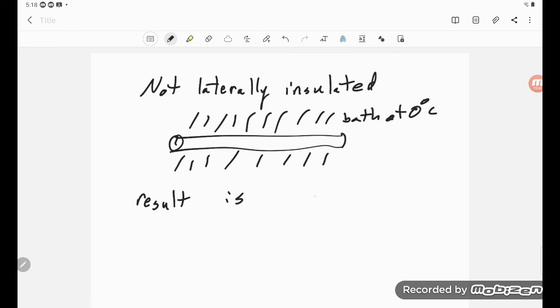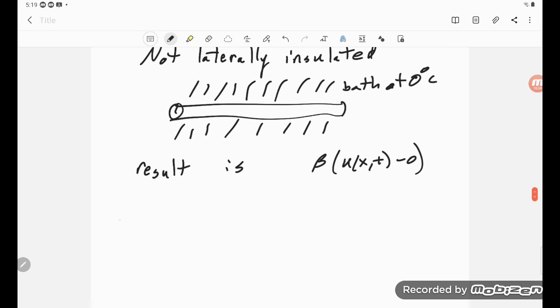So we would have something like beta, and then the difference would be U of x and t minus 0 in this case. So we would have that, the 0 would just disappear, and they say this becomes U sub t, and this is 4.4.